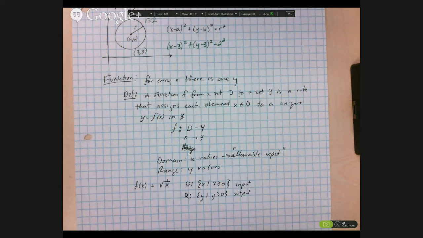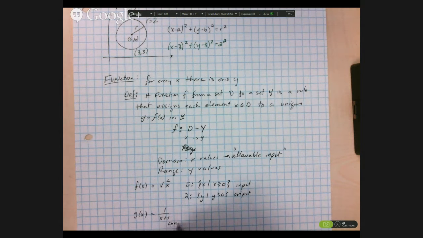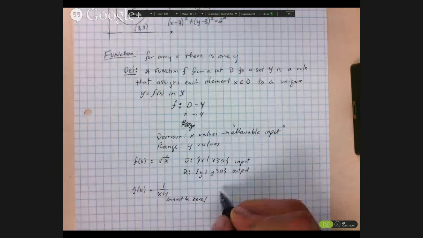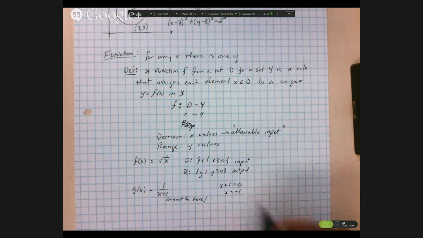So what can I not put in there, or what can I put in there? Let's look at something like g(x) equals 1 over x plus 1. Well, we know the bottom, the denominator, cannot be 0. So if x is negative 1, that's 0.